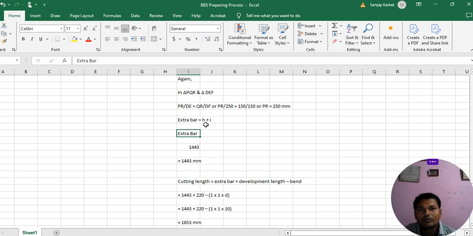We are writing this is the extra bar topic. After that you can write the equals to sign also.